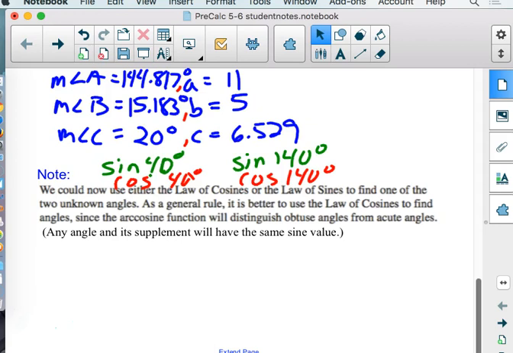The calculator knows the difference between a 40-degree angle and a 140-degree angle for cosine, but it doesn't know the difference for sine. Any angle and its supplement have the same sine value, and the calculator can't tell us which one we need. So we'll stick with the law of cosines, the safe way to go with side-angle-side and side-side-side.